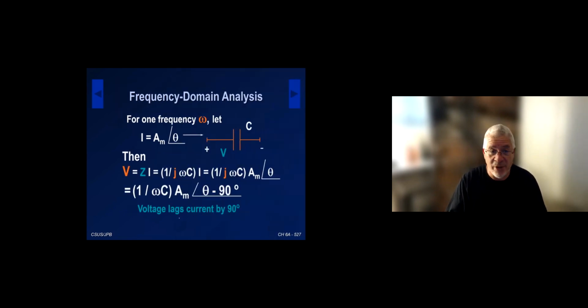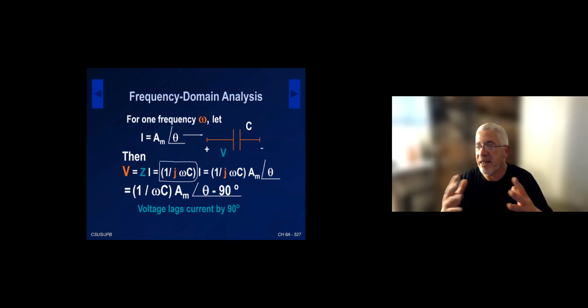Let's look at the capacitor. So the capacitor, if we put a current, a phasor current with an amplitude A_m and a phase angle theta, so we can show that the phasor voltage is the impedance of the capacitor times the current. And the impedance of the capacitor is 1 divided by j, divided by omega, divided by C. Okay? 1 divided by the entire quantity j omega C. All right.